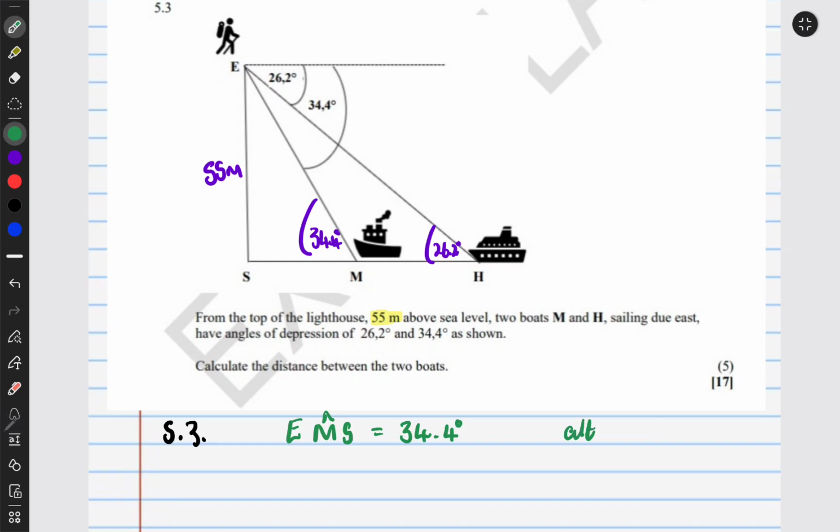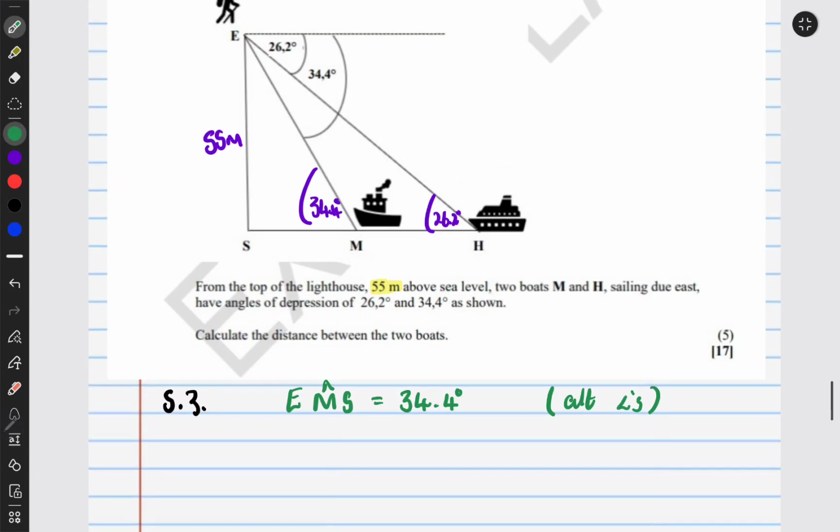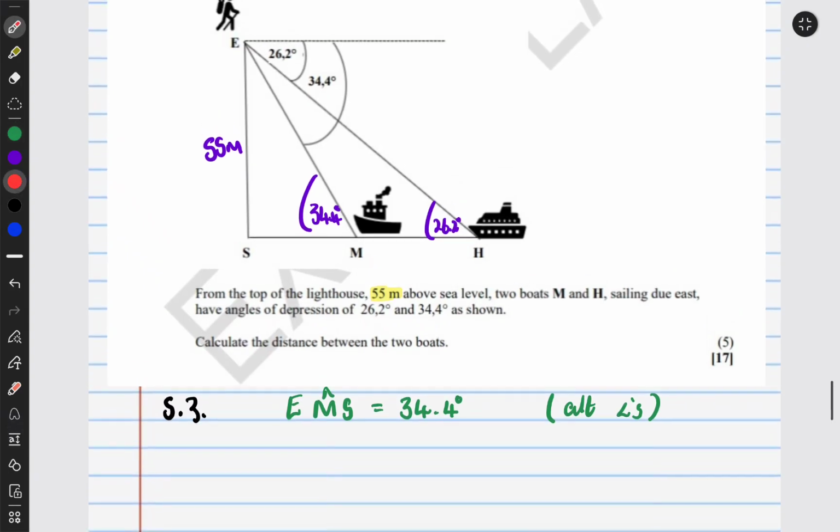First things first, the angle of depression is equal to the angle of elevation. You can also put that definition there.